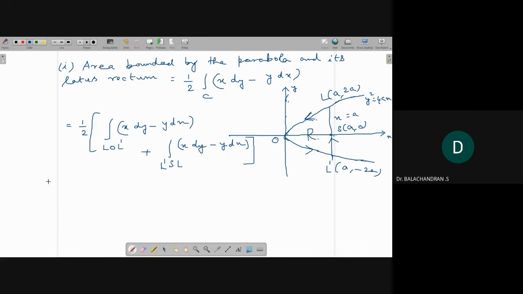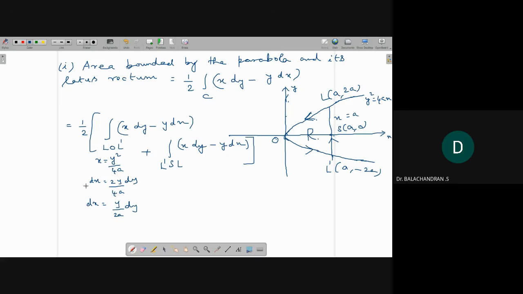Now, along L O L dash, this is on the parabola y square equal to 4ax. So I'll write x is equal to y square by 4a, or you can write dx is equal to 2y by 4a into dy, or dx is equal to y by 2a into dy.